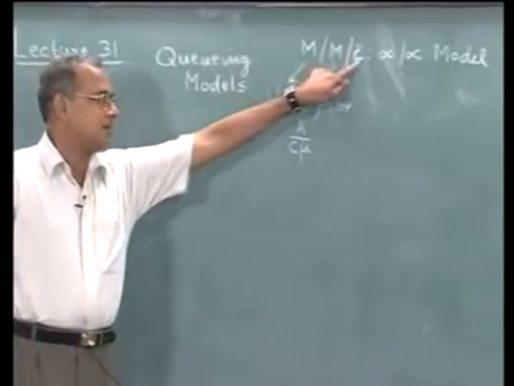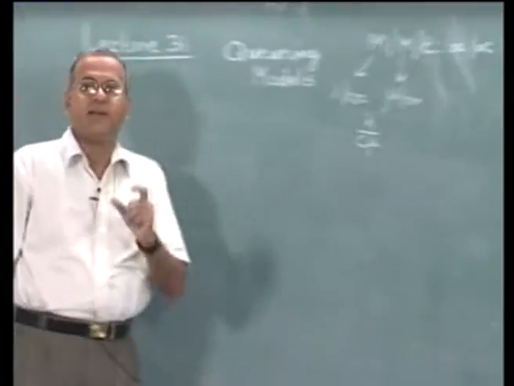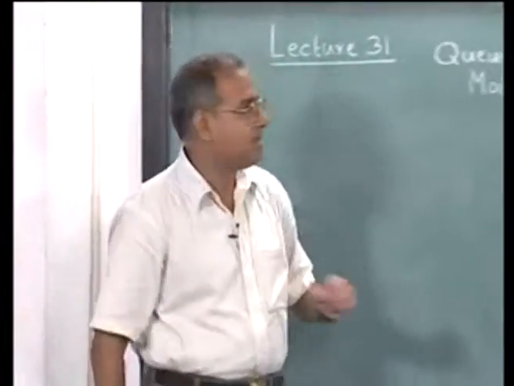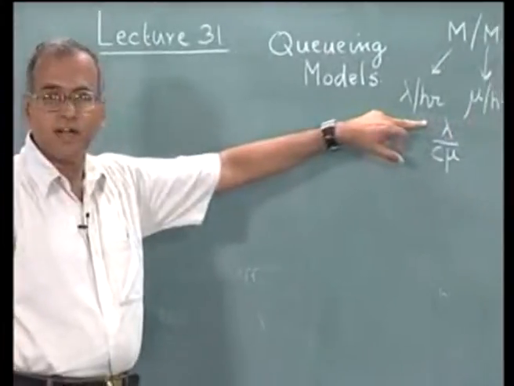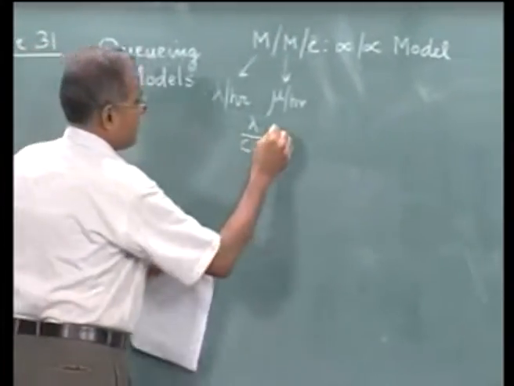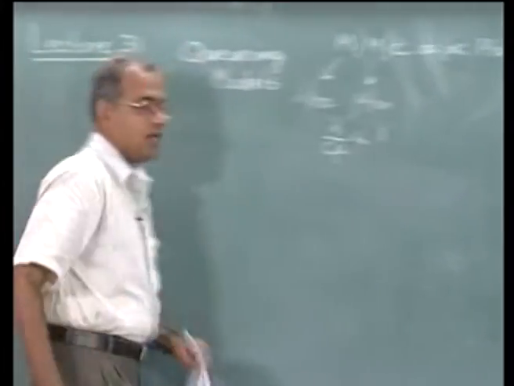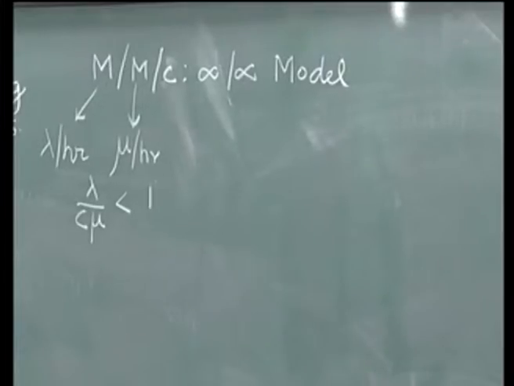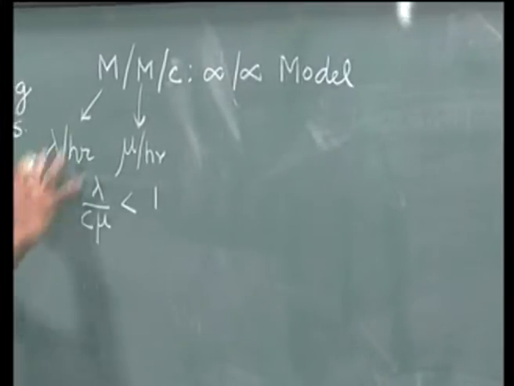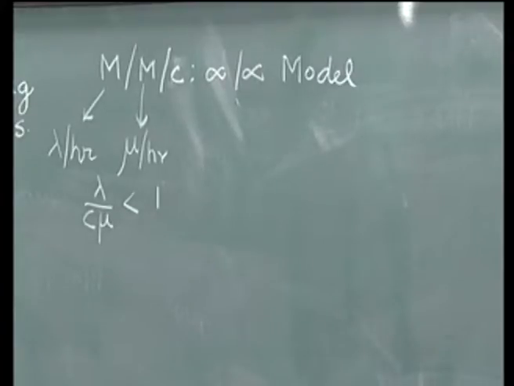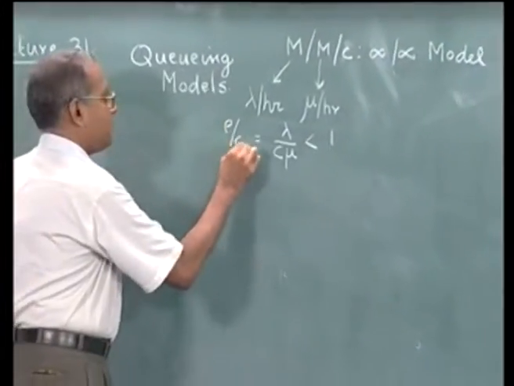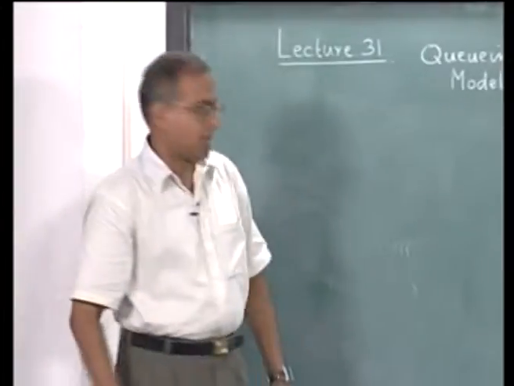Since there are C servers, C mu is the effective service rate, and lambda is the effective arrival rate. So, lambda by C mu will have to be less than 1, because we already said that in some form lambda by mu has to be less than 1. Now, lambda by C mu has to be less than 1, or rho by C has to be less than 1.